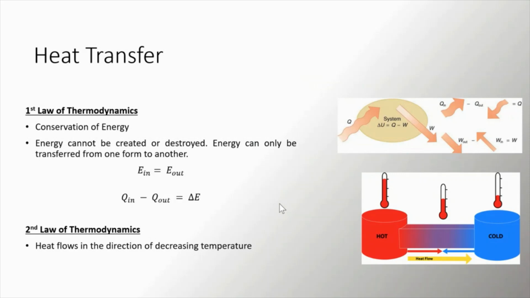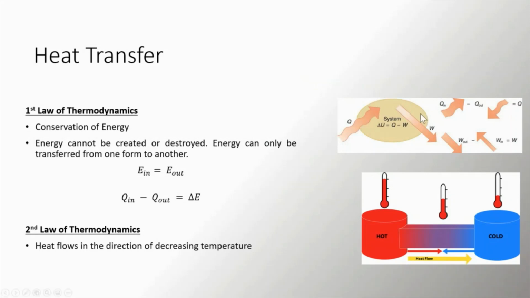Comes to the basic, what is the first law and second law of thermodynamics? So the first law of thermodynamics derives from the energy conservation law, that energy can be neither created nor destroyed, just transferred from one form to another. So your total heat in, you can describe it like that.